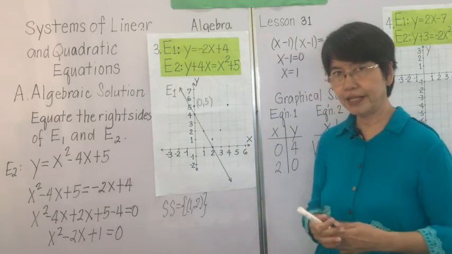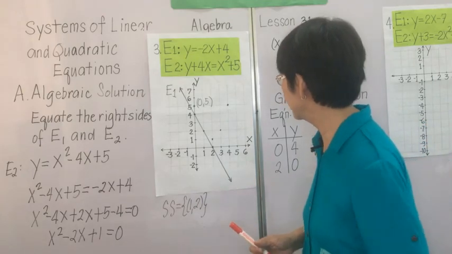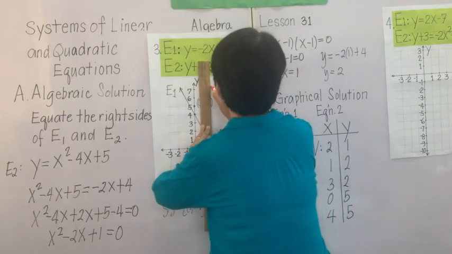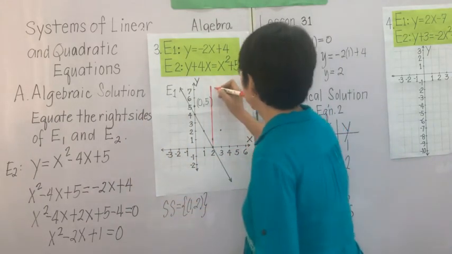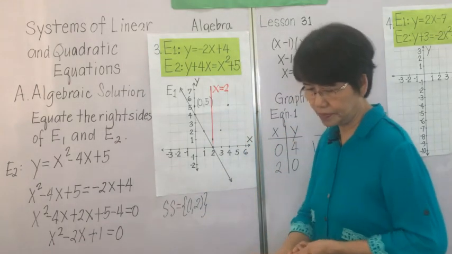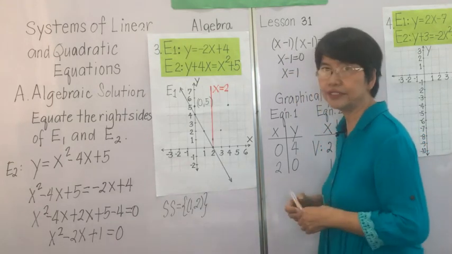Let's draw the line of symmetry, x equals 2. Then we will graph the parabola.